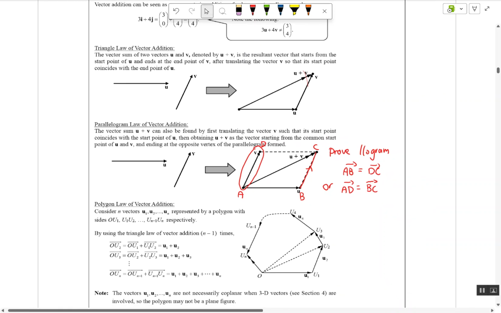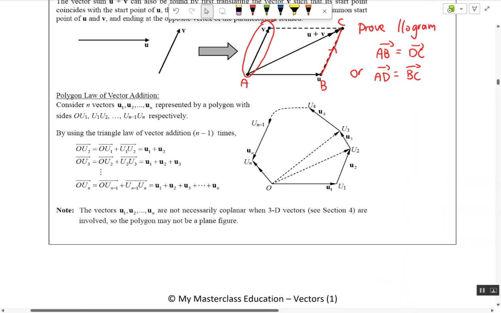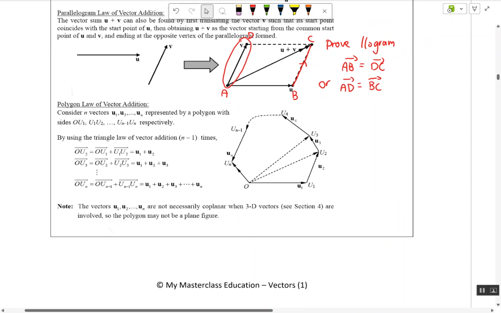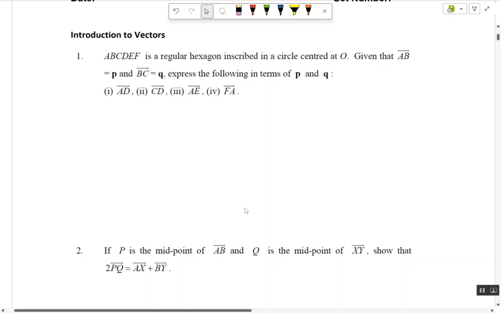Then the next part is in a polygon. Same thing, I don't have to go through anything very complicated. I'm just going to use a very simple example like a hexagon to show you how vectors can be displaced. If you look at a question like this, it says ABCDEF is a regular hexagon.